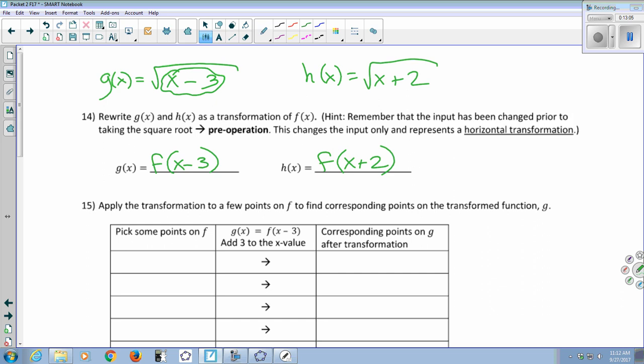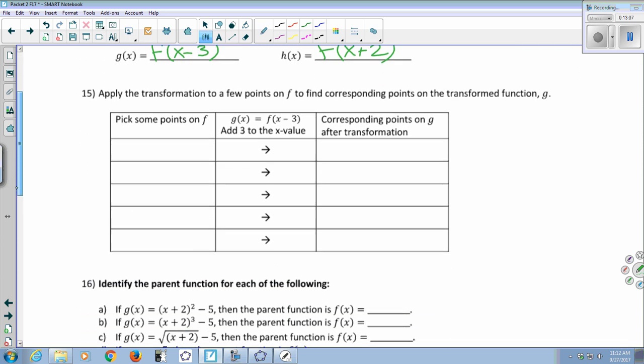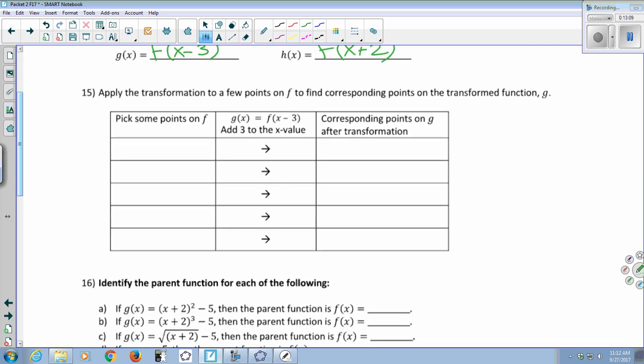So I'm going to apply the transformation to a few points on f, find the corresponding points in the transformed function g. So pick some points on f. I've got 0, 0, 1, 1, because f is the square root of x. So I have 4, 2, 9, 3, and 16, 4. So for g, that's f of x minus 3.